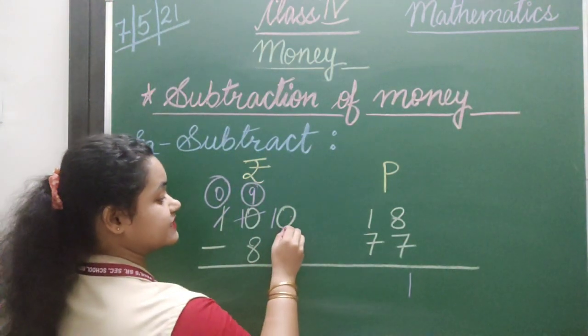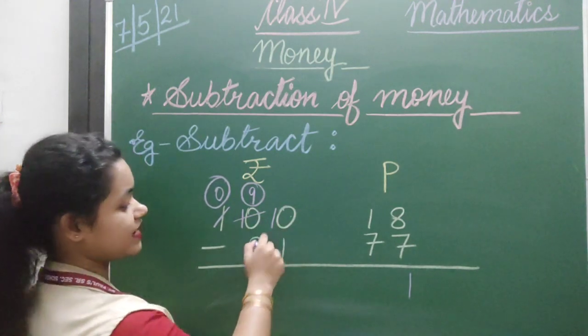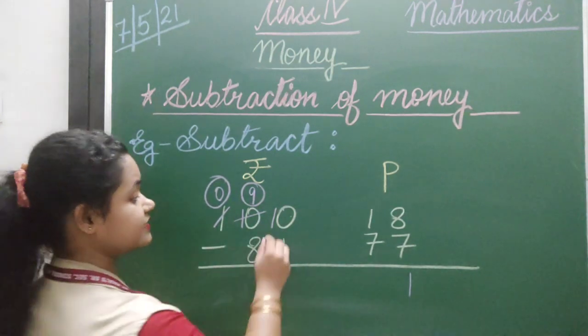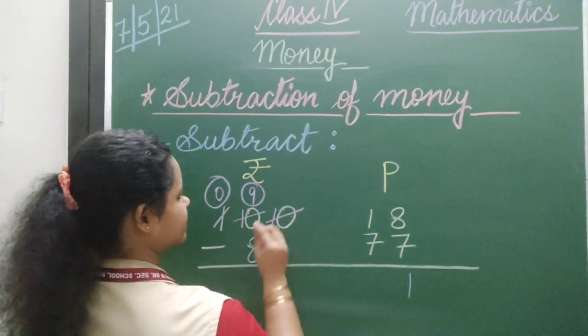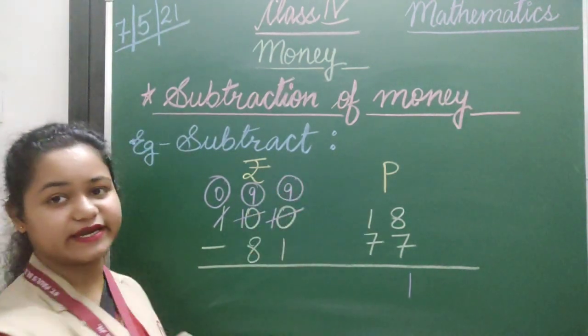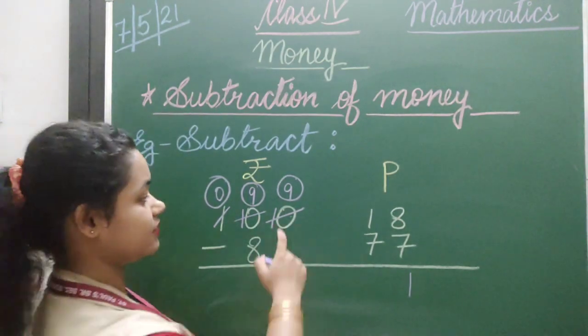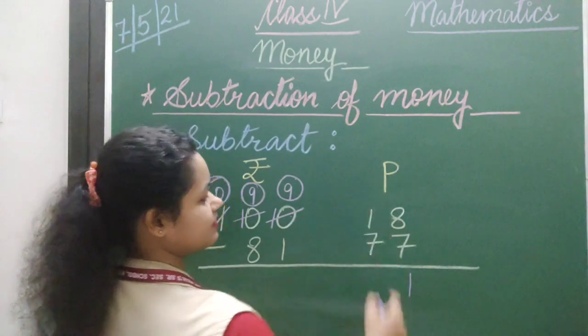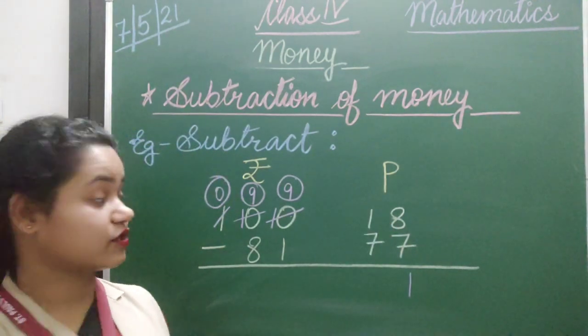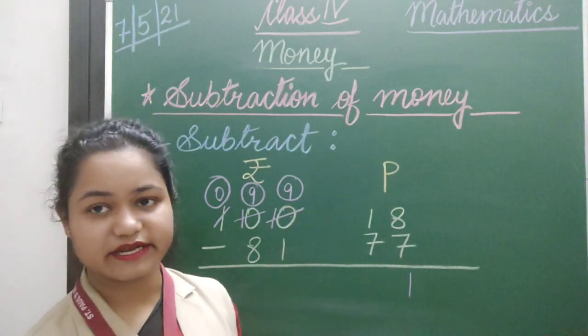Now since this number has become 10, this can give 1 easily to the neighbor. Yes or no? So this will become 9. Now my dear students, you might be thinking that it will give 1 here and this number will become 11. Here, if it will give 1, so this will become 11. Isn't it?